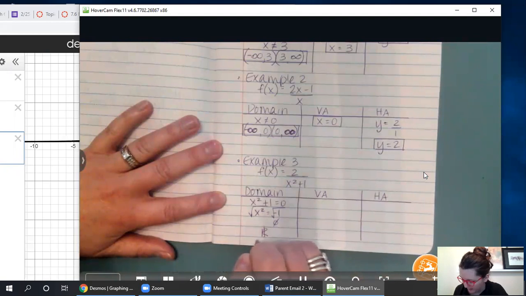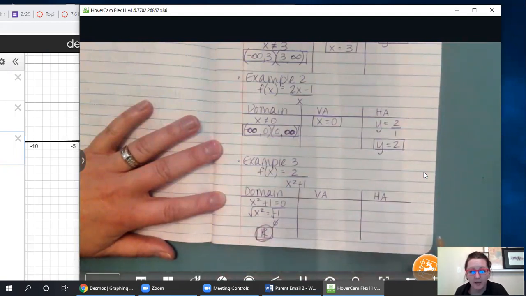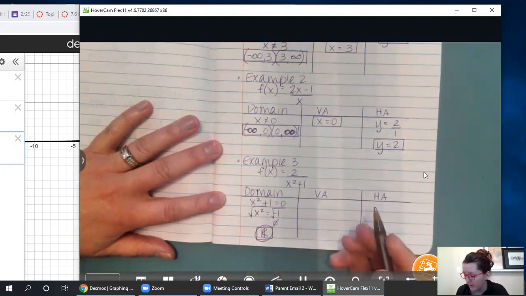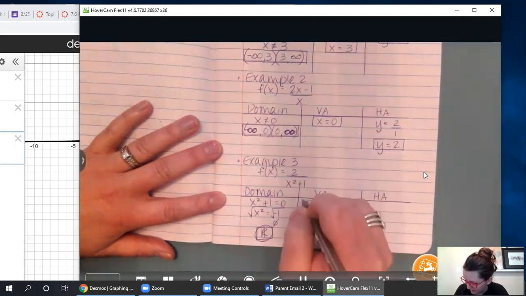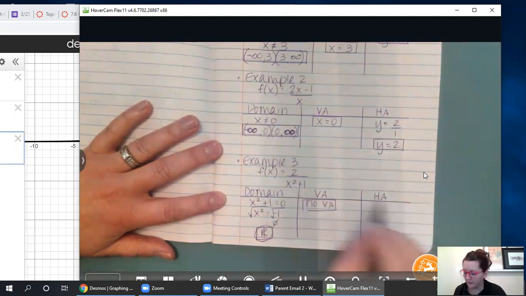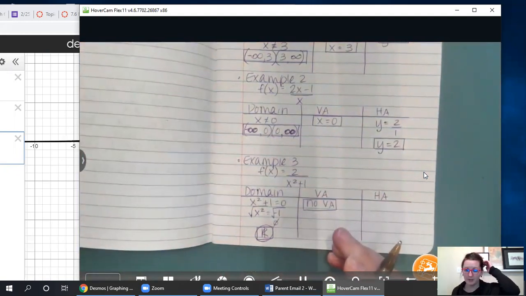So you can write it like this. That's our domain. Vertical asymptote is the same. If you have no real solution, then there are no vertical asymptotes there. A little bit different than what we've seen before.